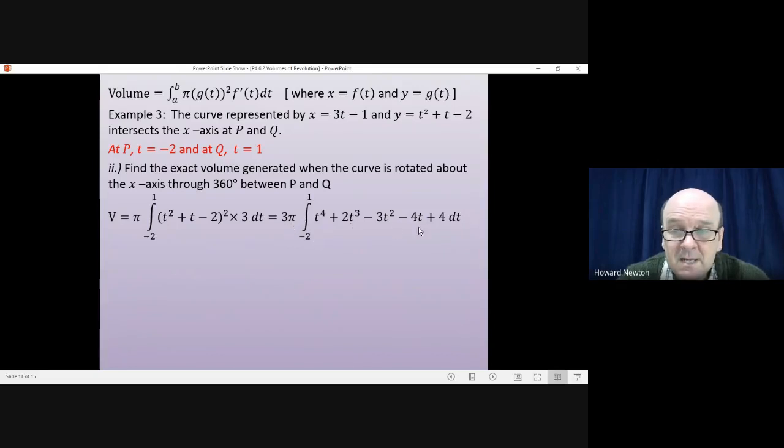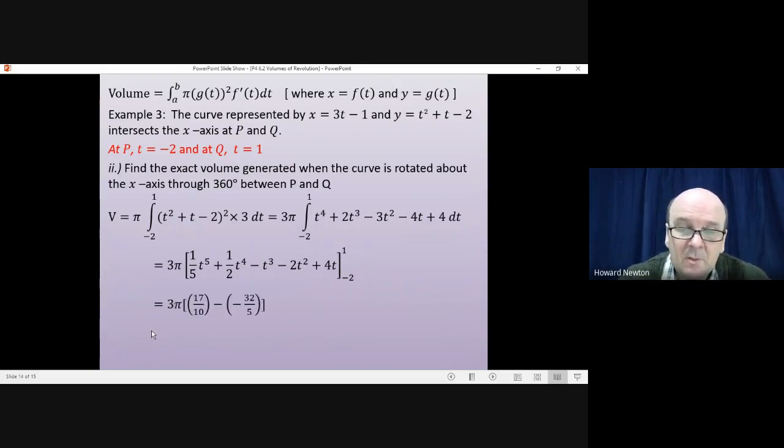So that's what we need to integrate when we square this bracket. Integrating that will give us all of this. And then we need to put in the limits, t equals 1 and t equals minus 2. That will give us that. And that simplifies to that, which simplifies to 243 over 10 times by pi.